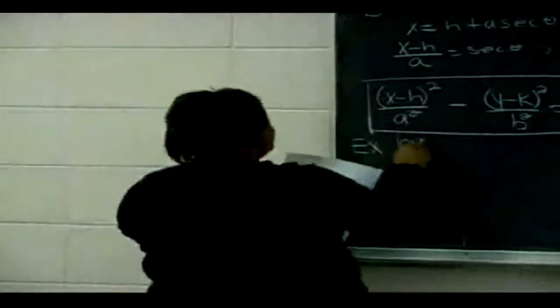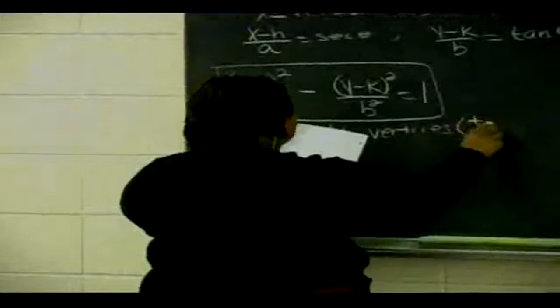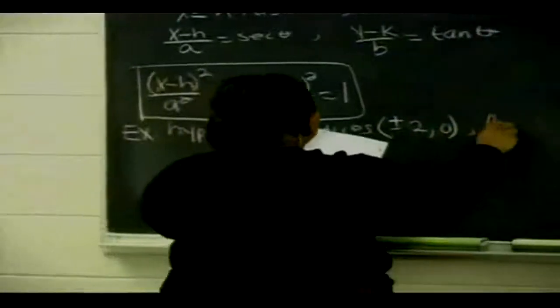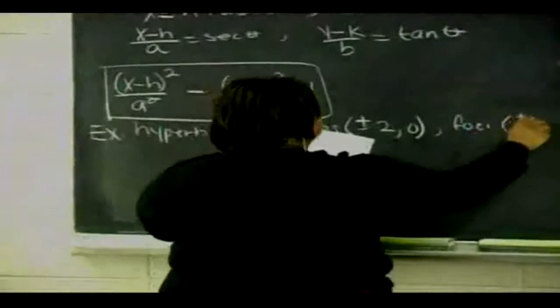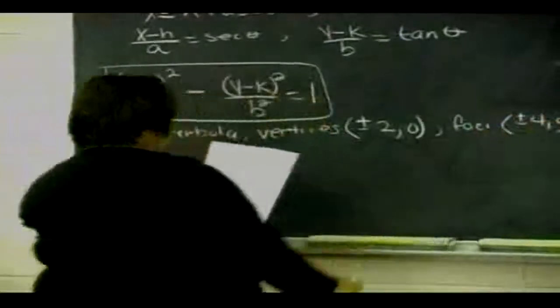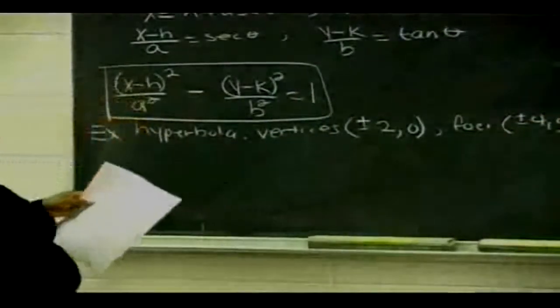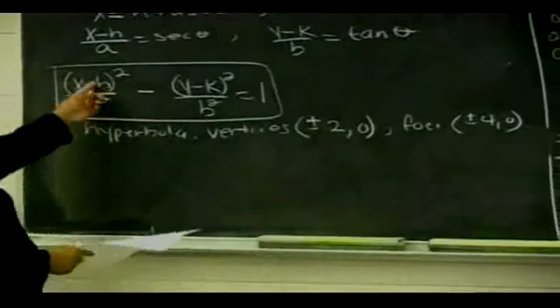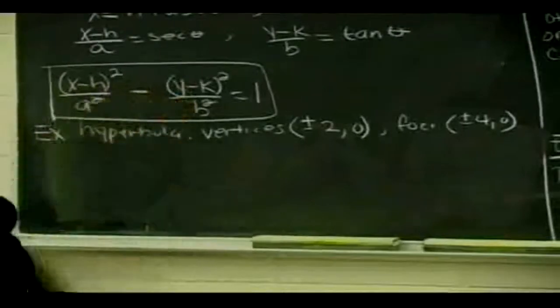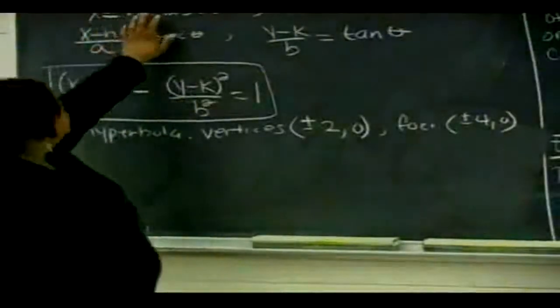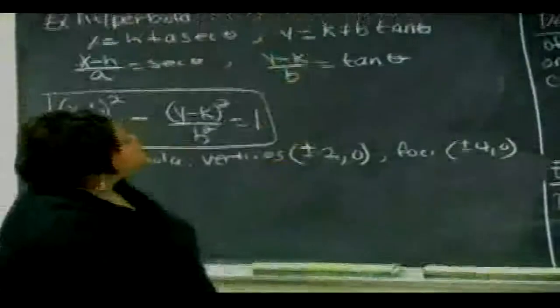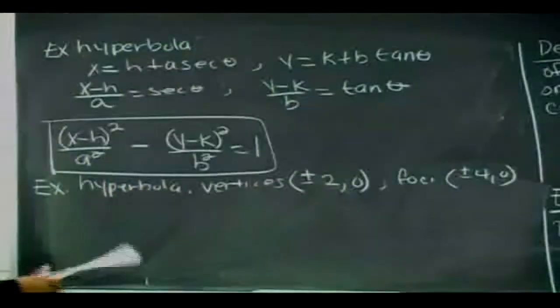So this hyperbola, they give us the vertices to be plus or minus 2, 0, and foci plus or minus 4, 0. So I need h and k, and I need a and b. That's what I need to get a set of parametric equations.